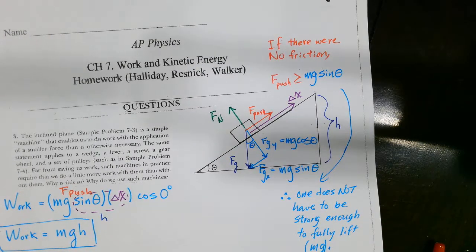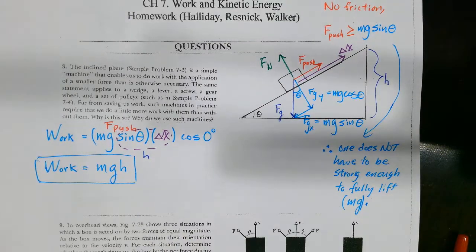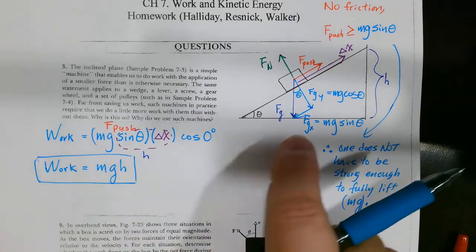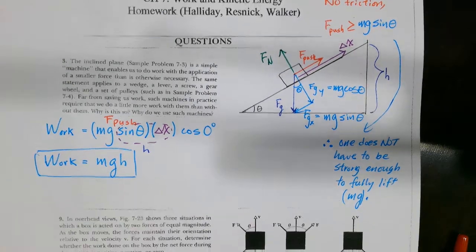But of course, in reality, there's always going to be friction involved. So you're going to have to add friction somehow into this work done. So you're going to have work done by friction as well as work done by Fg.